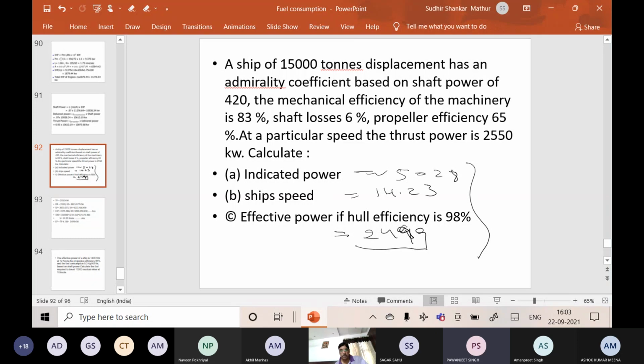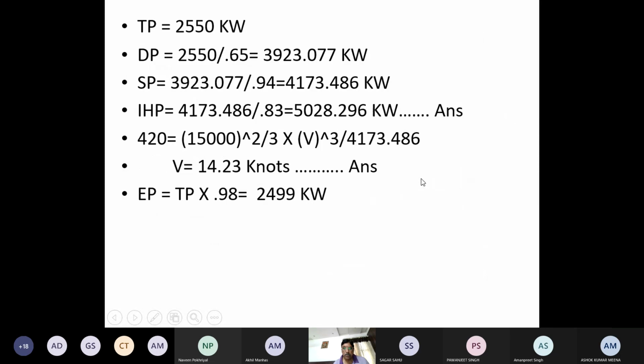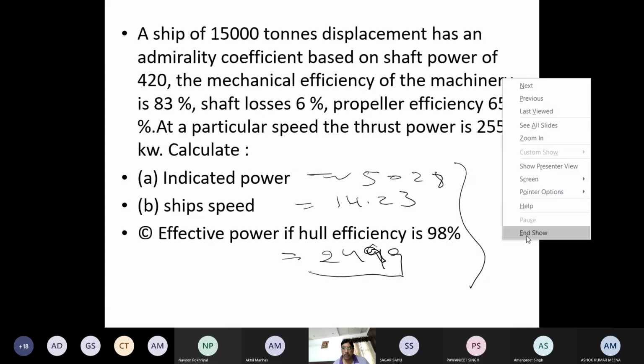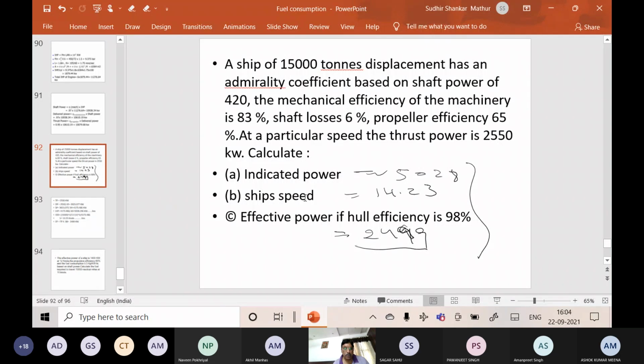Sir, can you show this once? Yes, sir, you will show how to solve this once. Okay, first of all, let me show how to erase it. I think I have to close it and then it will be erased.